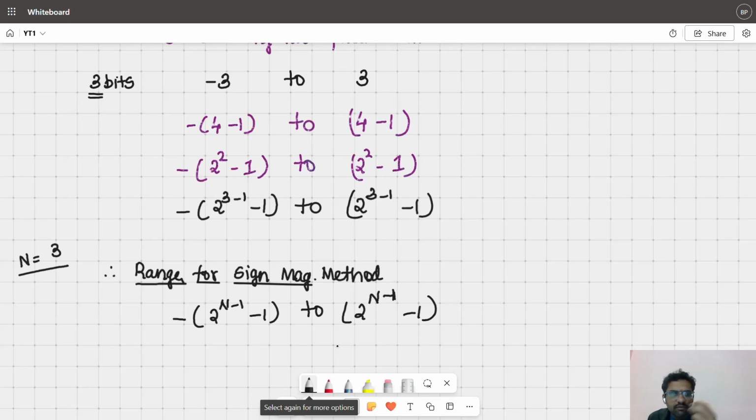One more disadvantage we saw is that there were two representations for 0: 100 which represents minus 0, and 000 which represents plus 0, which shouldn't be there. That's the major drawback, and that is why we go for one's complement, because the sign magnitude method failed in this context. Thank you. Thanks for the day. Tomorrow again we will meet in the next video.